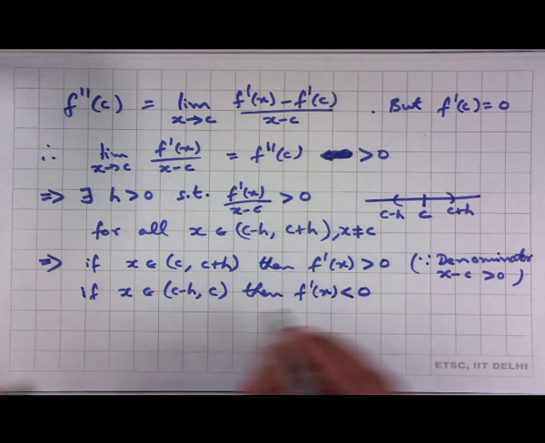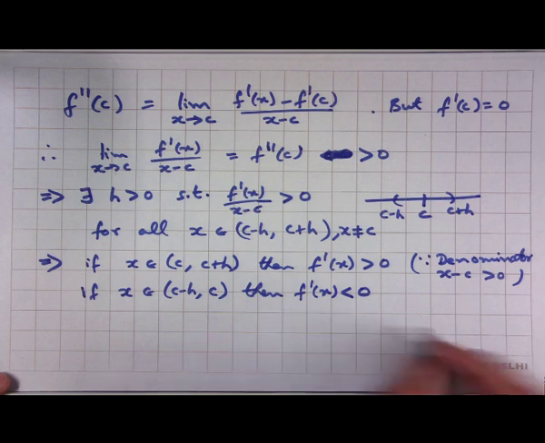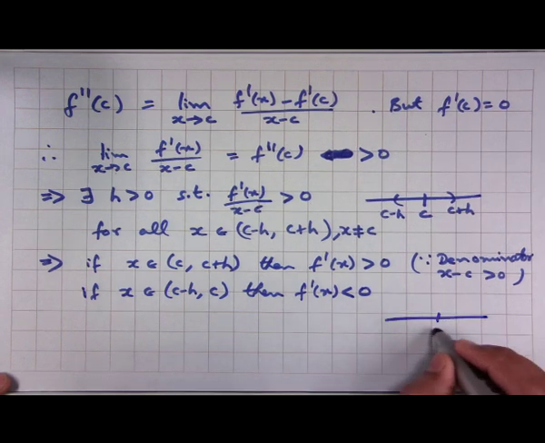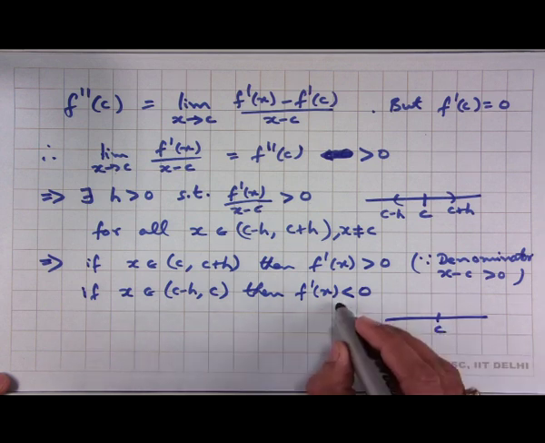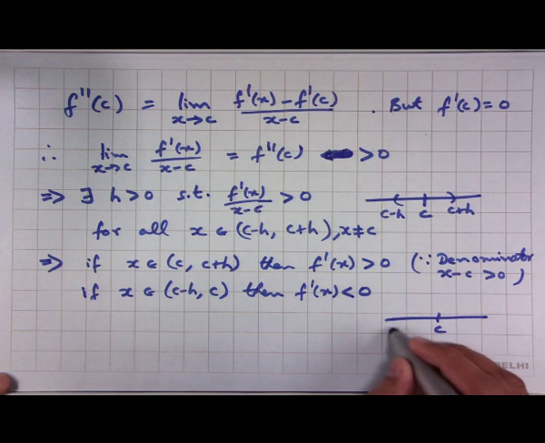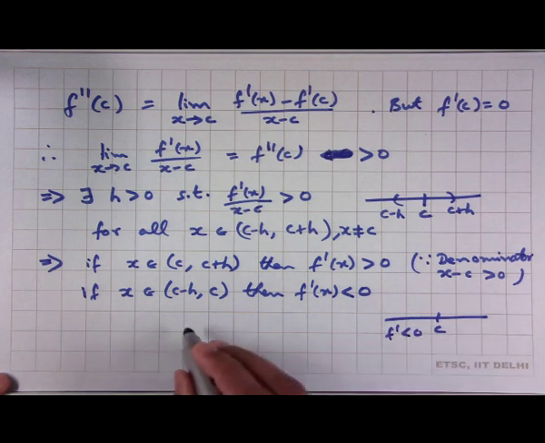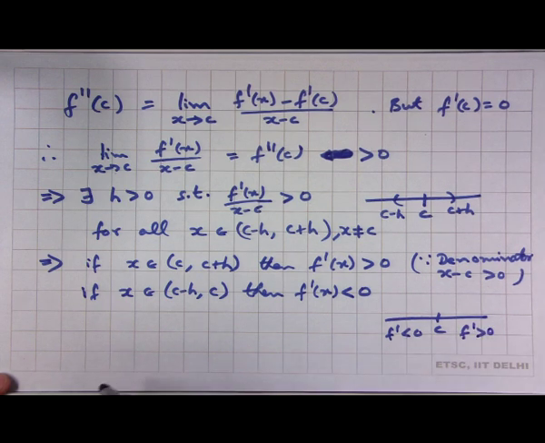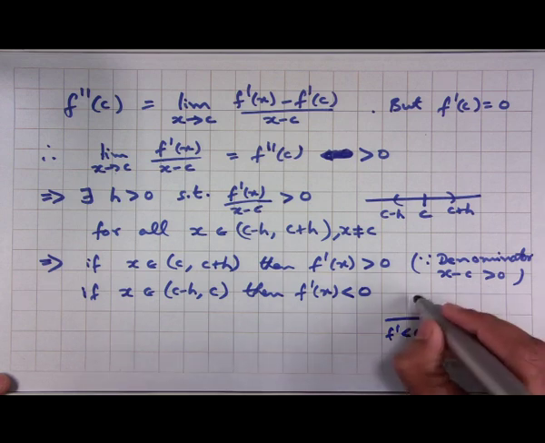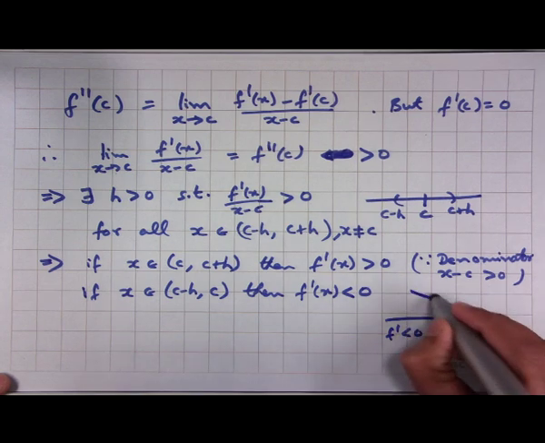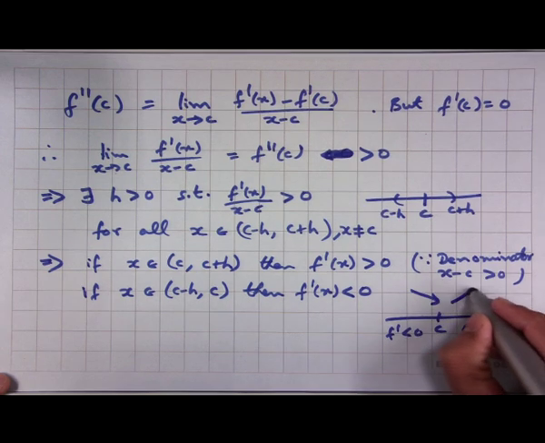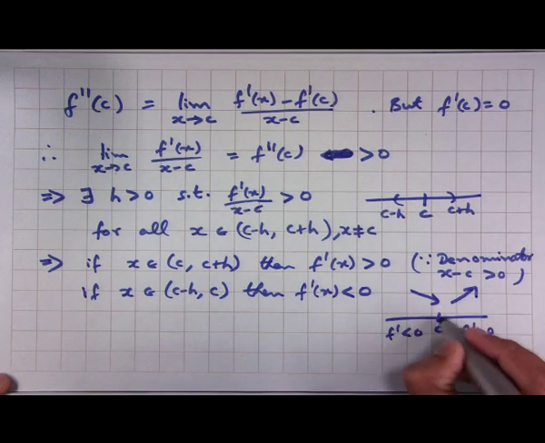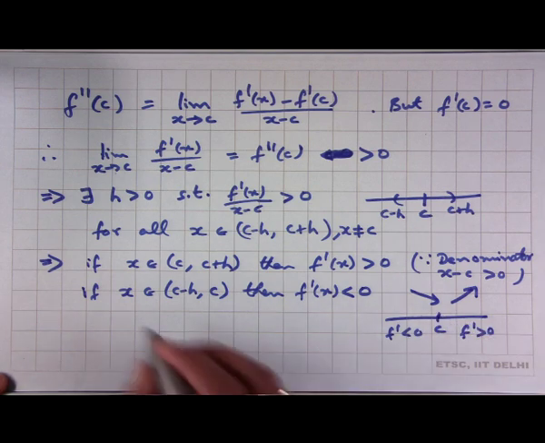So, what we see is that the sign of f prime is negative for x less than c and positive for x greater than c. That means that the function is decreasing and then increasing, which means c is a point of local minima.